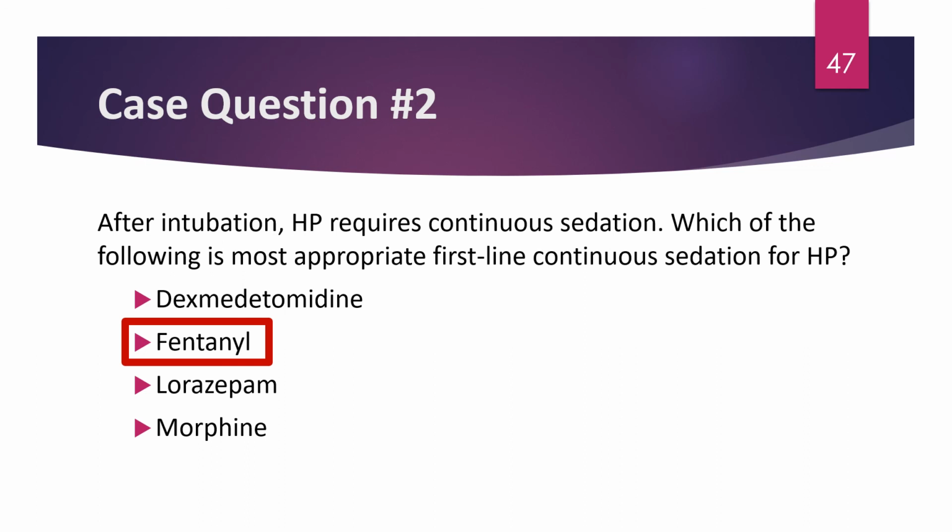Lorazepam is typically not preferred as first or second line, but may need to be used in patients who have specific indications like benzo withdrawal, illicit drug use, status epilepticus, or alcohol withdrawal as well. We can also use it if they are refractory to other sedation methods.